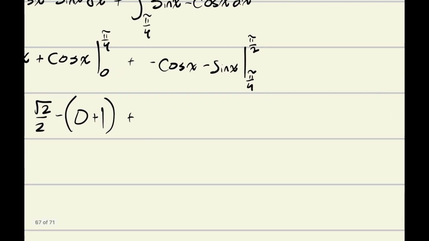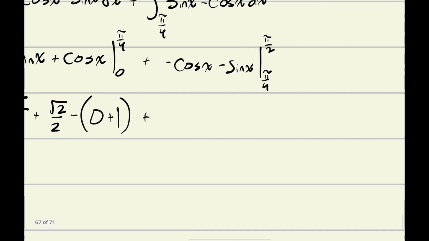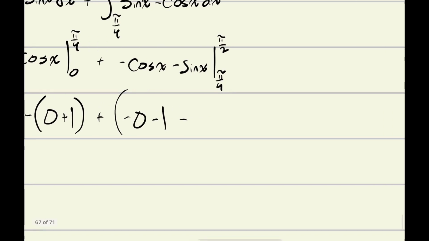We can add this to cosine of pi over 2, which is 0, and sine of pi over 2 is 1, minus, again, root 2 over 2 minus root 2 over 2.